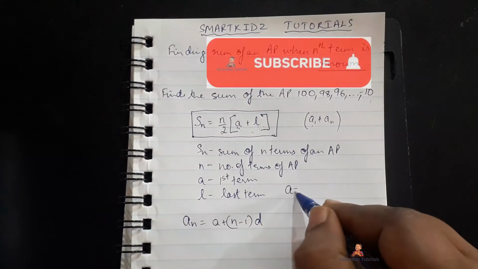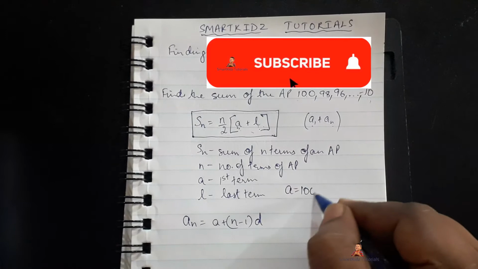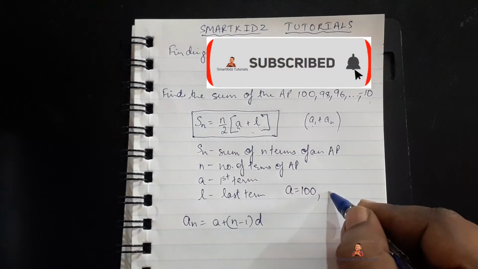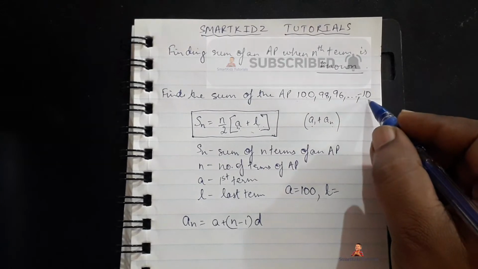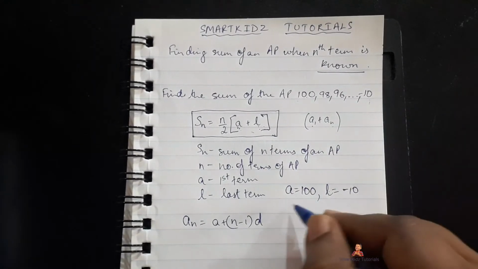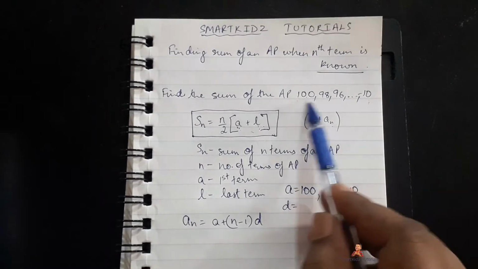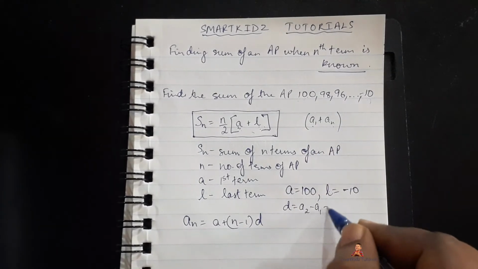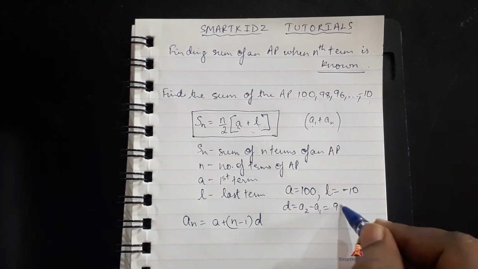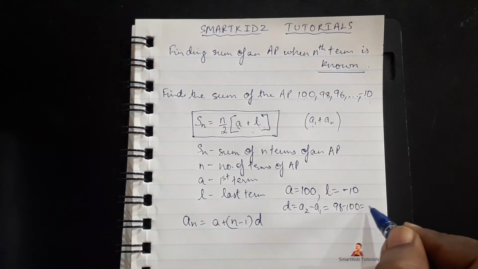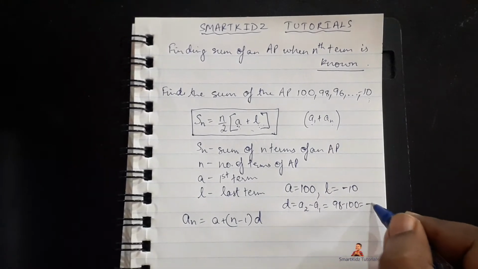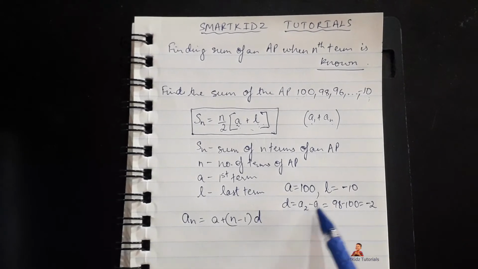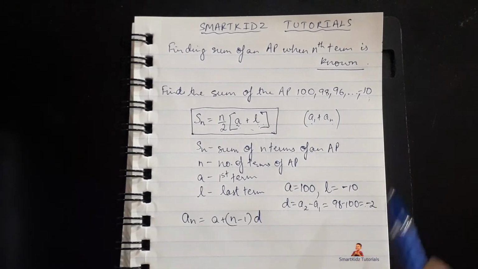We are given a equal to 100 and we are given L which is equal to minus 10, and d would be the difference between two consecutive terms. So that would be A2 minus A1, and this would be in this case 98 minus 100. So in this case our difference comes negative 2. Okay, so differences can be negative as well.